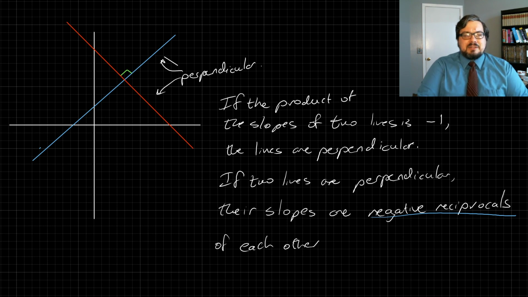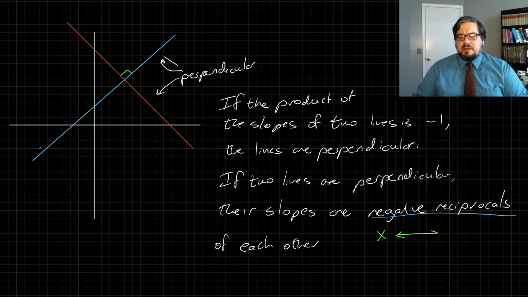But the negative reciprocal of a number means that, so the reciprocal of x would be 1 over x, and whatever number it was before, if it were positive, it becomes negative, and if it were negative, it becomes positive.